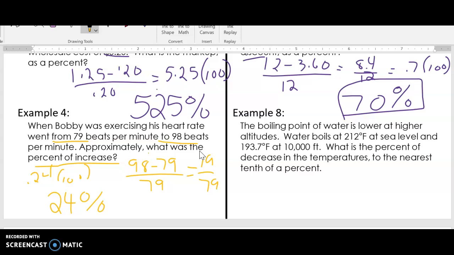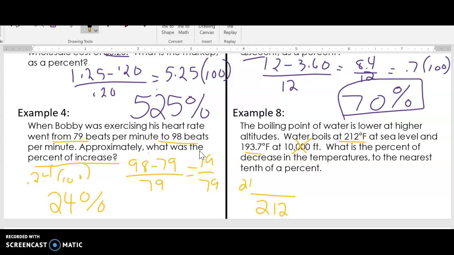Boiling point of water is lower at higher altitudes: 212 at sea level, 193.7 at 10,000 feet. That's not going to come into play. What is the percent of decrease? So decrease, so our original is 212 because we're going from high to low. What is the percent of decrease in the temperature to the nearest tenth of a percent?